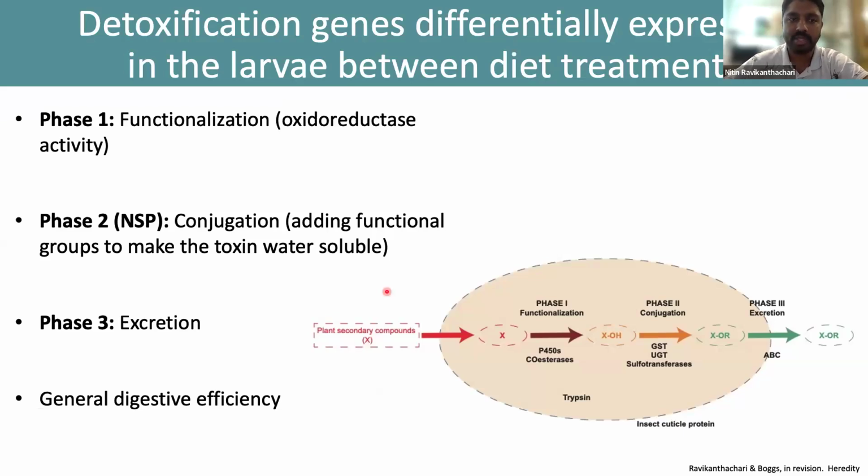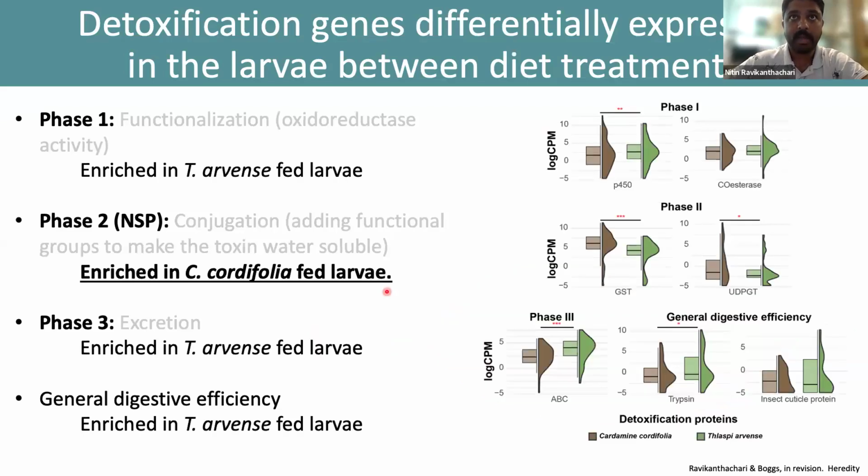These are employed by generalist herbivores, and the phase 1 enzymes act on a variety of substances to detoxify them. Phase 2 is where conjugation occurs, where specific functional groups are added to the toxin to make it water soluble. This is where the nitrile specifier protein occurs, which is how most Brassicaceae-feeding butterflies detoxify the compounds present in mustard plants. Phase 3 is excretion, and phase 4 is general digestive efficiency.